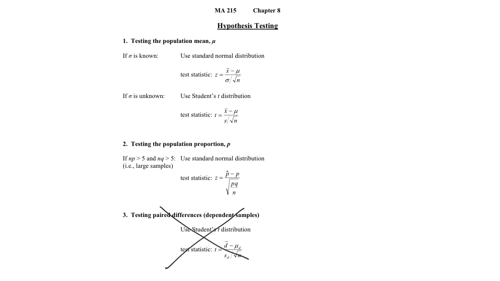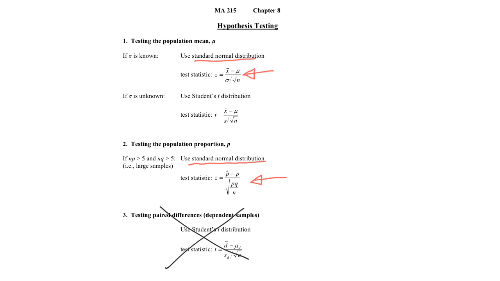So one thing to notice, if we're testing the population proportion, there's no question we always use standard normal distribution, and we're going to get a z-score. If we're testing population mean, then it depends. If we know sigma, we are going to use standard normal distribution and a z-score.